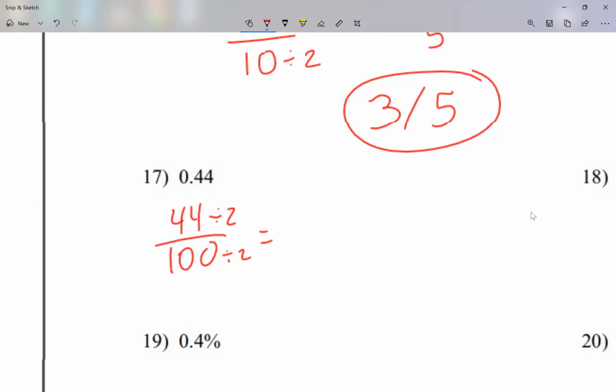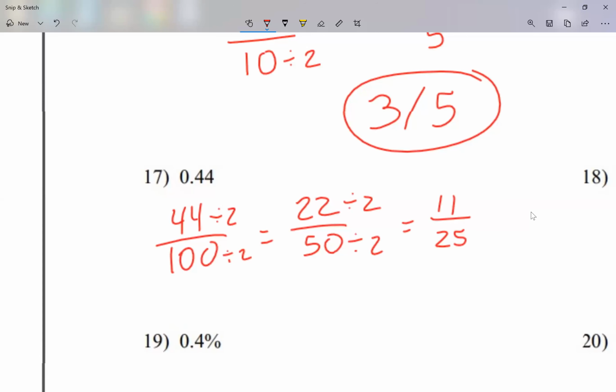So this gives me 22 over 50. Just because I simplified my numbers doesn't mean I'm completely done. Maybe I can simplify again. And I'm like, 22 and 50, I can divide them to make them smaller. Let me divide by 2. This gives me 11 over 25.